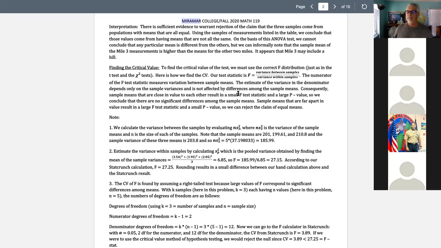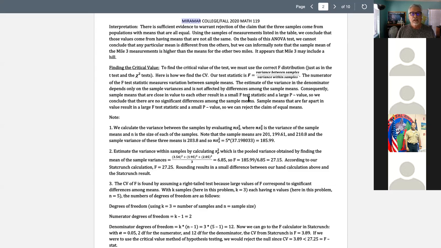So the sample of the first mile loop stands alone in terms of its variance. It might have a different variance than the second, and so on. We'll take the ratio of the 2 variances and see if it's too high or not. If it's too high, we will reject.